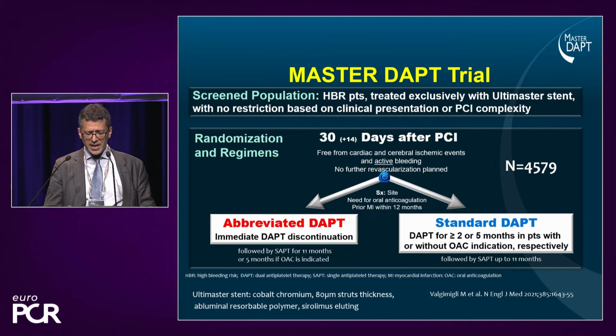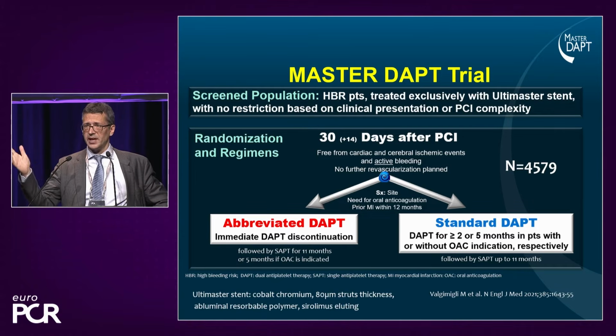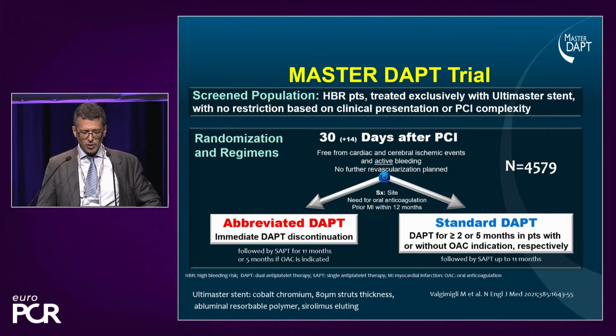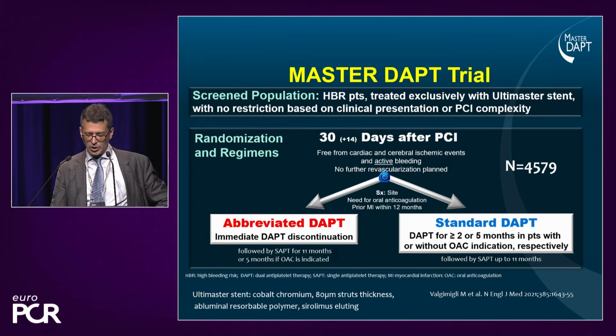So the abbreviated DAPT, again, immediate discontinuation of the dual antiplatelet therapy, and this was followed by a single antiplatelet agent, open to the investigator, whether aspirin or clopidogrel or ticagrelor or prasugrel, up to 11 months. Or single antiplatelet agent for 5 more months if there was oral anticoagulation, followed by anticoagulation alone.